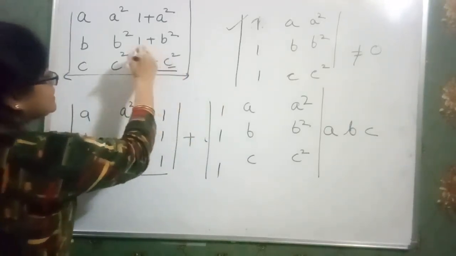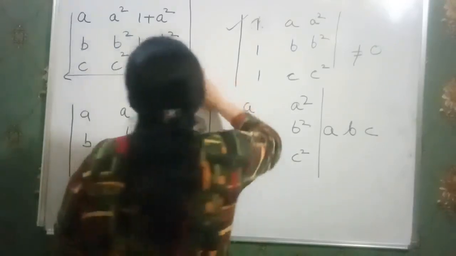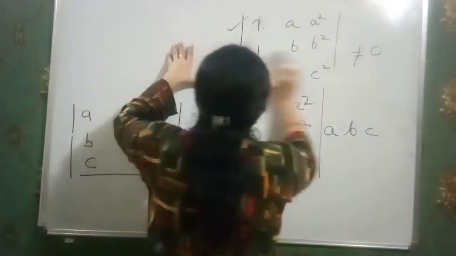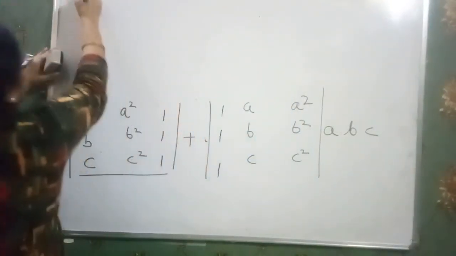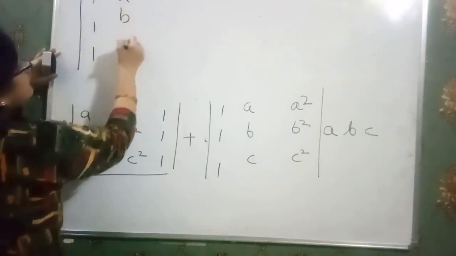Now both are the same, so we just take the common matrix out. So we have 1, 1, 1, A, B, C, A square, B square, C square.